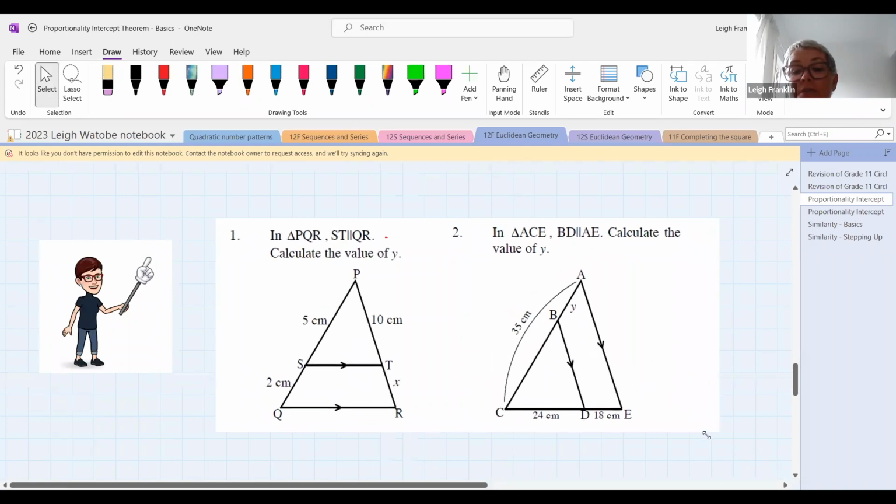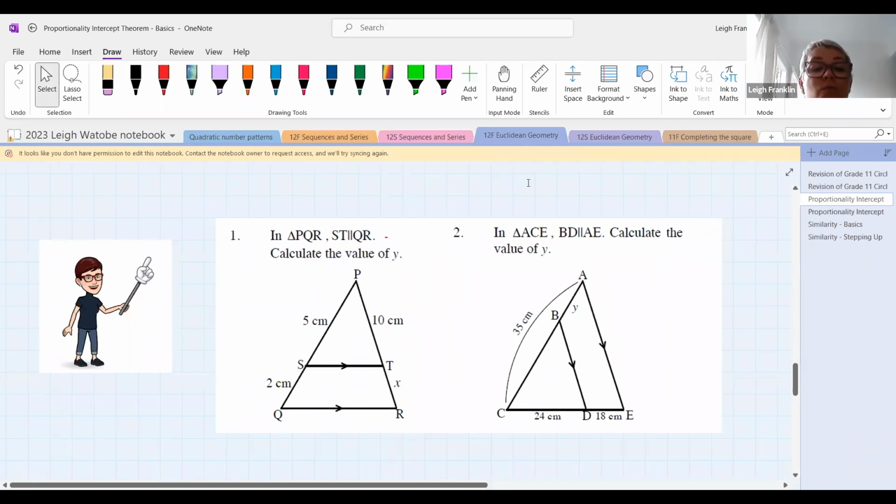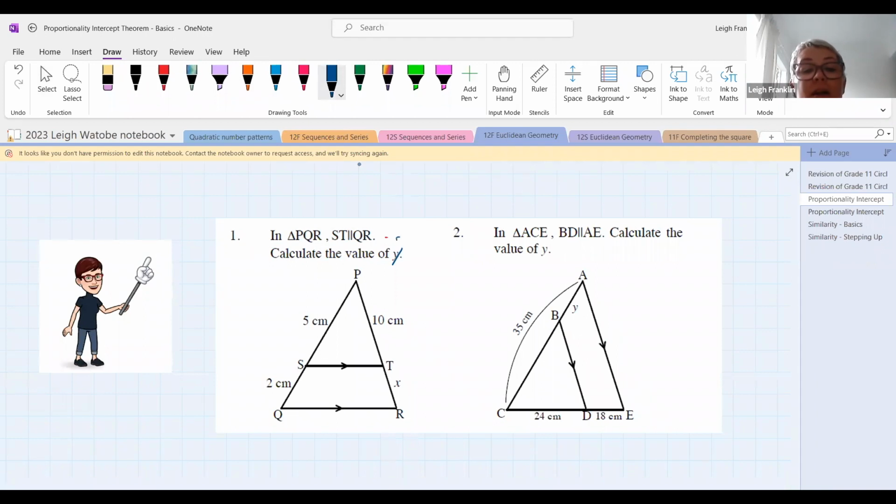And if you're a fast finisher, then there's a second one for you to try. Okay, so here they meant to say calculate the value of X, not the value of Y. Are there any questions? If you don't have any questions, please get cracking. And if you do have any questions, you're welcome to ask now.